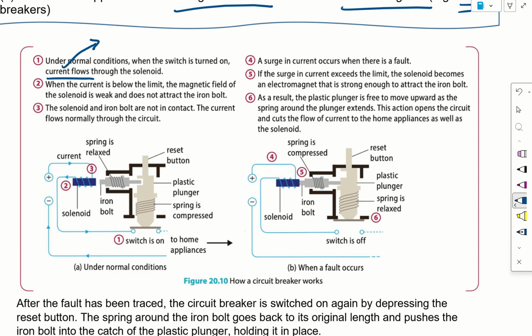So when current flows, it will actually produce a magnetic field. This is a very important concept in electromagnetism. Now, when the current is below the limit, that means it's within the working range, the magnetic field of the solenoid is weak, and therefore it does not attract the iron bolt.